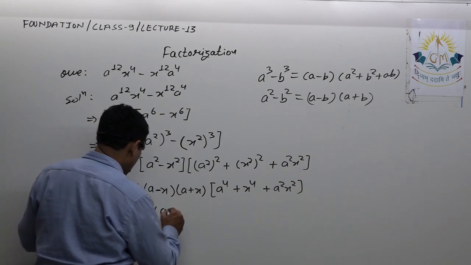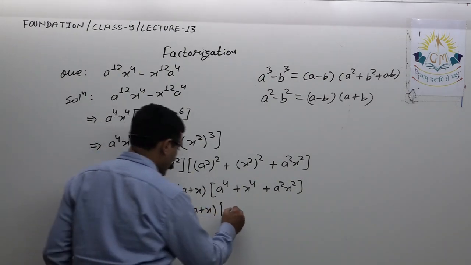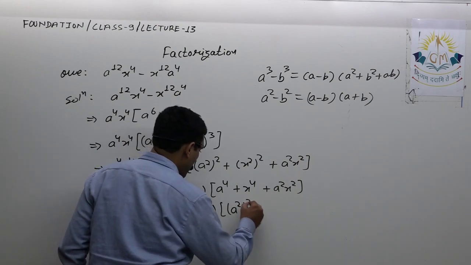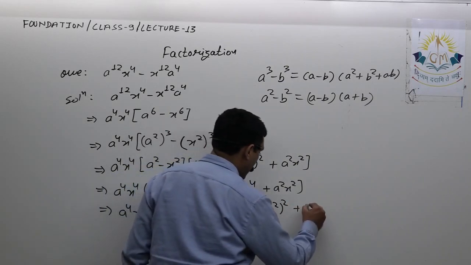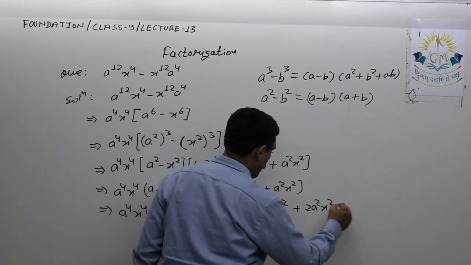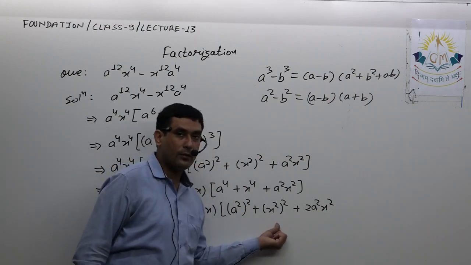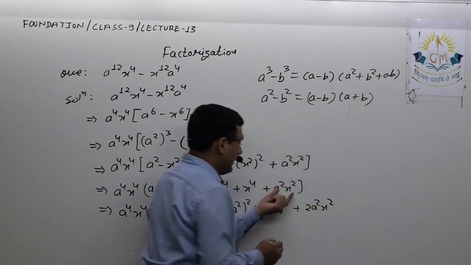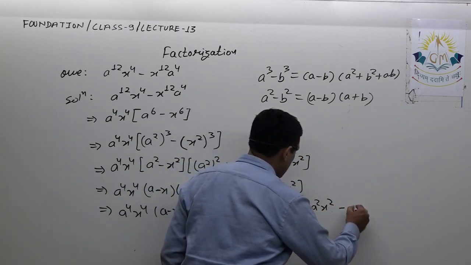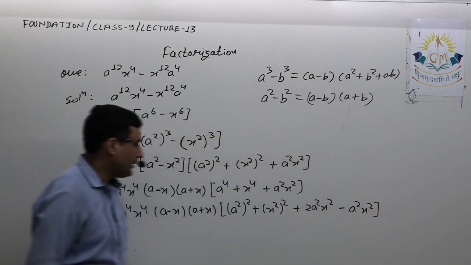Here it will remain a minus x, a plus x. This is a square square plus x square square. Now I can write 2a square x square. I wrote 2a square x square to make the identity of a square plus b square plus 2ab. And actually it is a square x square, so to make it adjust I subtract this. So then the question remains the same.